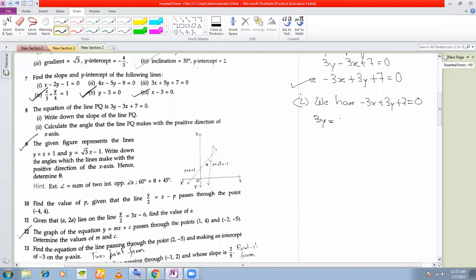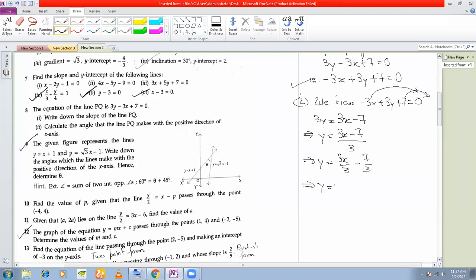So we have 3y is equal to, if you take x on the other side, you get 3x minus 7. You're taking 3 this side and 7 this side. That means you're getting y is equal to 3x minus 7 divided by 3. That means y is equal to 3x by 3 minus 7 by 3.